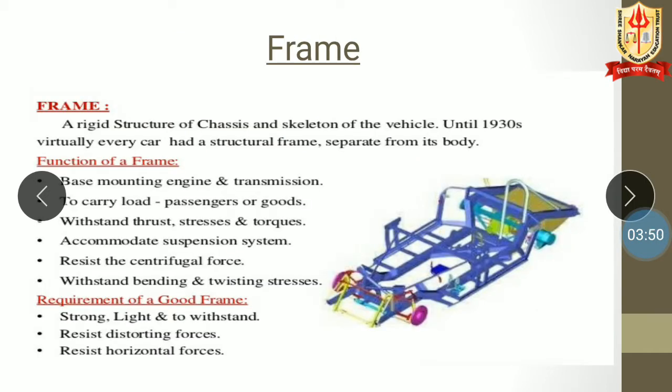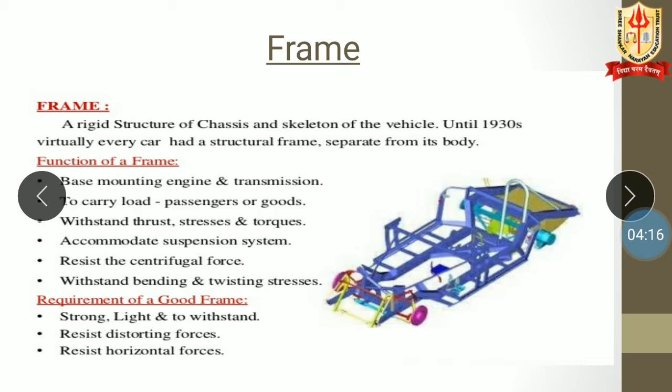So what is frame? The frame is a rigid structure of the chassis and the skeleton of the vehicle. Until the 1930s, virtually every car had a structural frame separated from its body. But now they are combined, and they can be seen in the combined form.